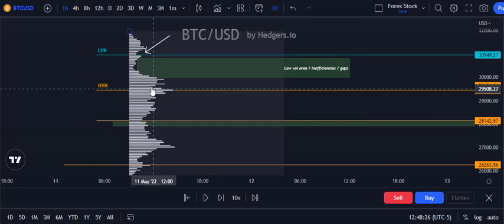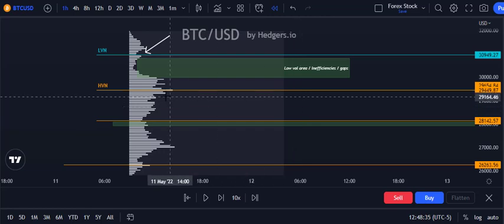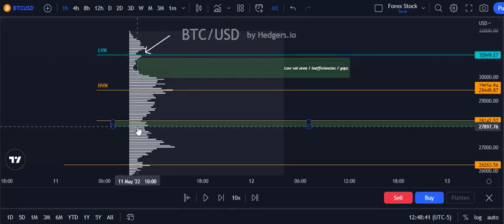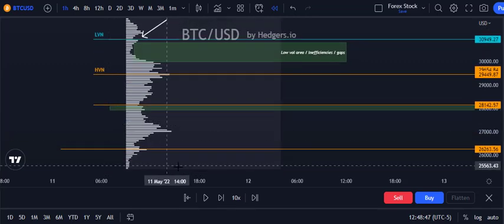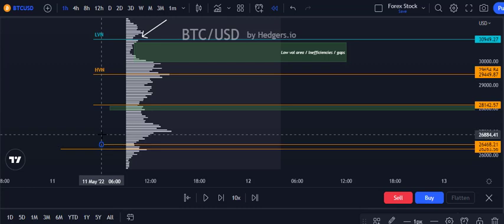Between the high volume nodes we see some low volume nodes as well, but it's not that low, just slightly low. The low volume node will be something very deep inside, like this, or even deeper. The deeper it is underneath the volume area, the more it is known as a low volume node, like for example this one.